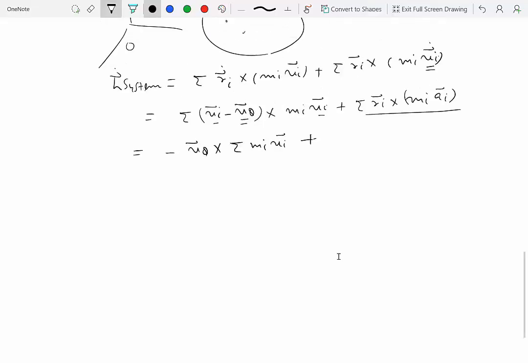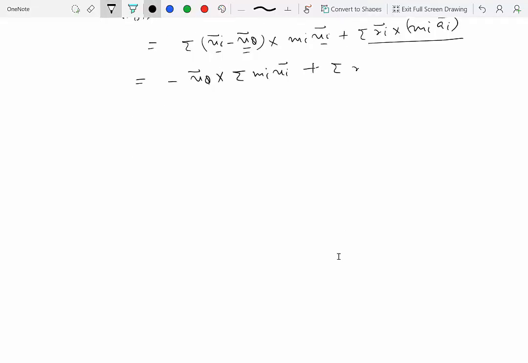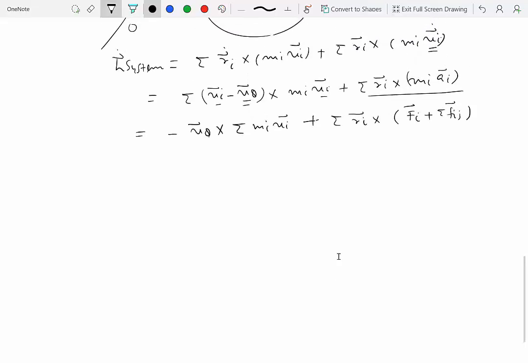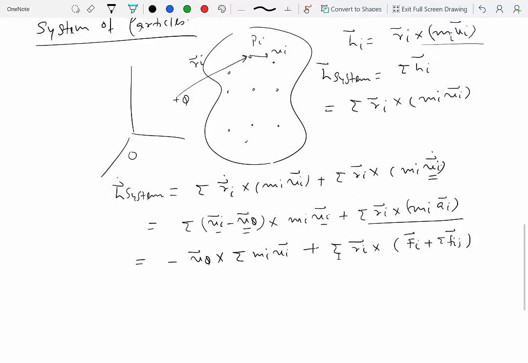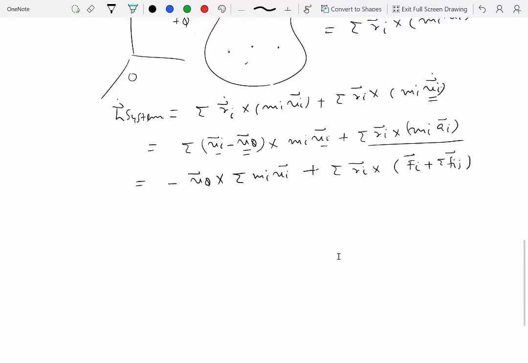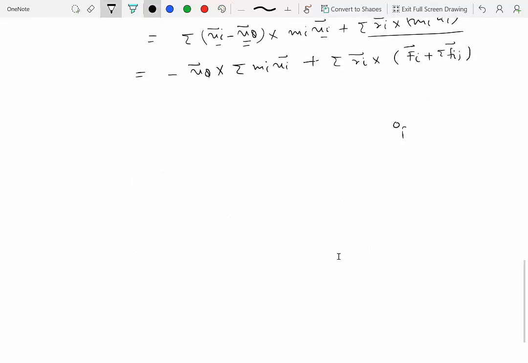What is that? So we know that Mi Ai is nothing but the sum of all the external forces plus all the internal forces. So Mi Ai is nothing but the total force acting on the particle Pi. If you look at the free body of the particle Pi alone, this is Pi. Let's say all the external forces on Pi are represented by Fi.